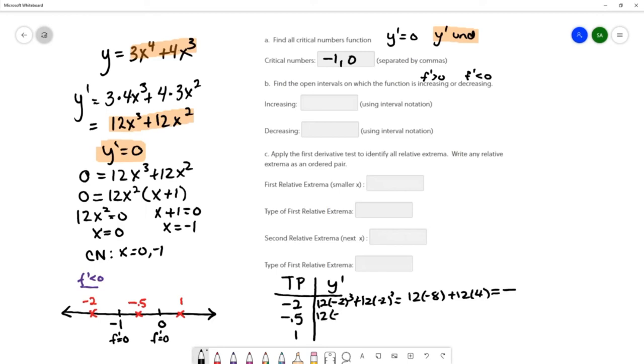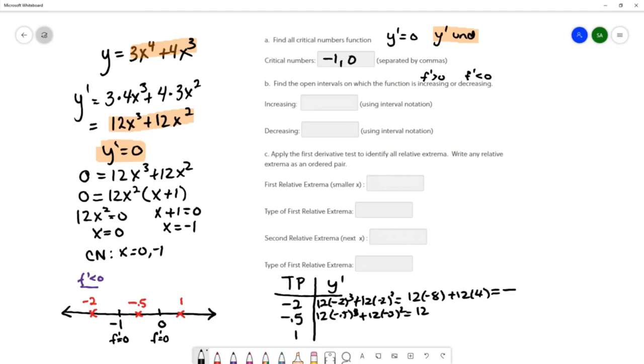Let's try another test point of -0.5. That's 12 times -0.5 cubed plus 12 times -0.5 squared. And 0.5 cubed, let's get the calculator out for that one.